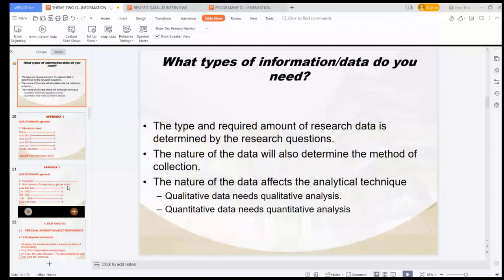Qualitative data, okay. Quantitative data needs quantitative analysis. Okay, let's go to quantitative and see how quantitative data was analyzed.